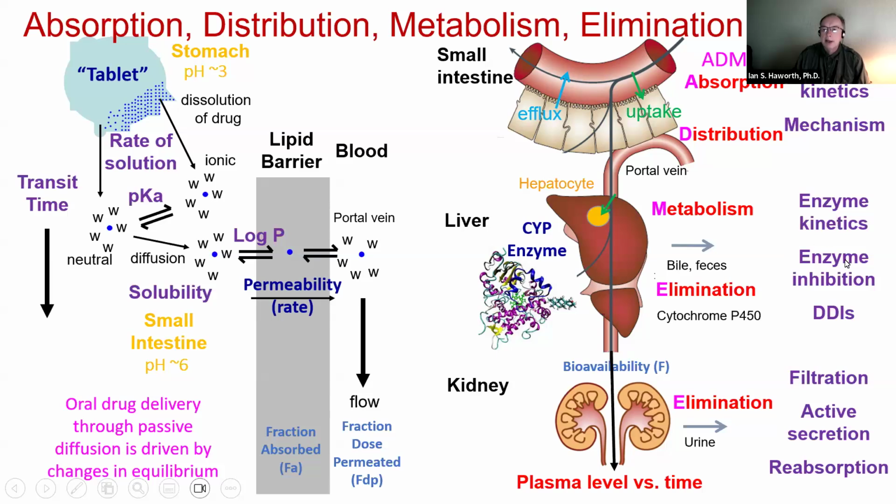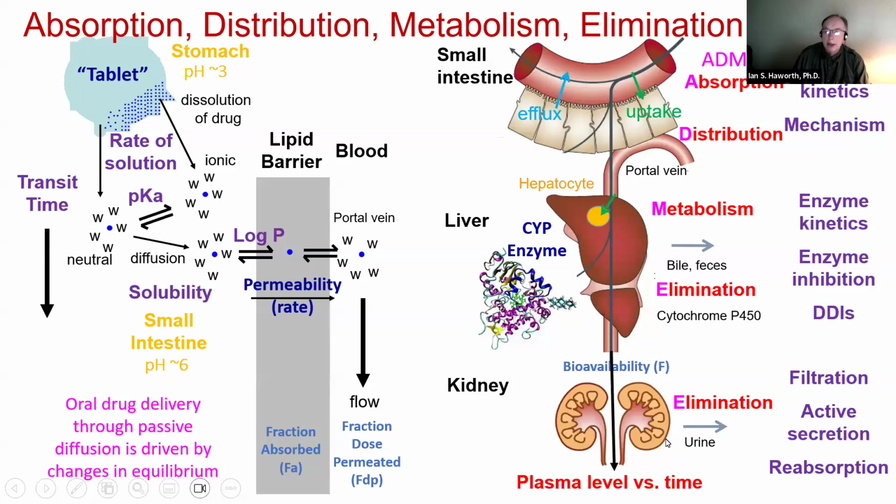And then if we get into more complex models, if we're looking at drug-drug interactions, then we've also got to understand enzyme inhibition. That may be one mechanism of a drug-drug interaction. So lots of detail there needed in order to start to build models.